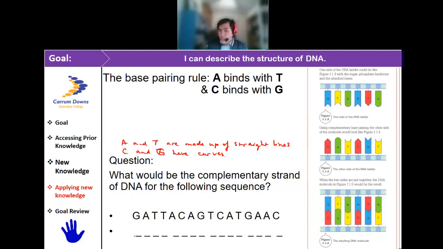So remember, G goes with C, A goes with T, T goes with A, T goes with A. And then A goes with T, C goes with G, A goes with T, C, and then this one's A, G, T, A, this should be C, T, T, and G. So that's how you work out the complementary strand.